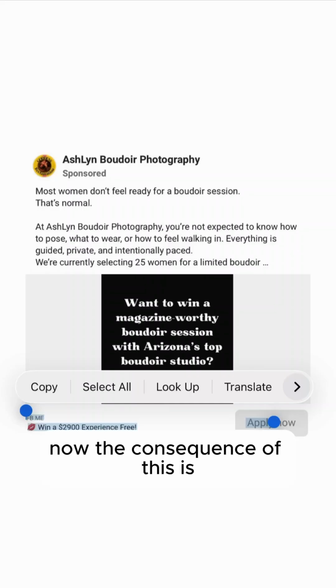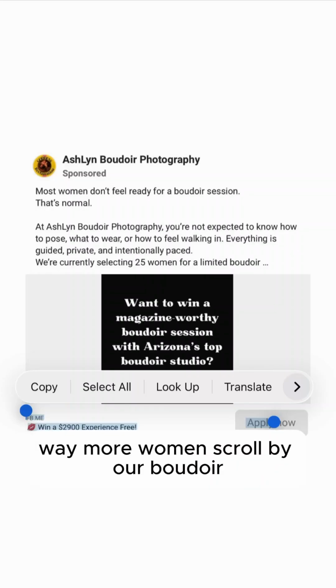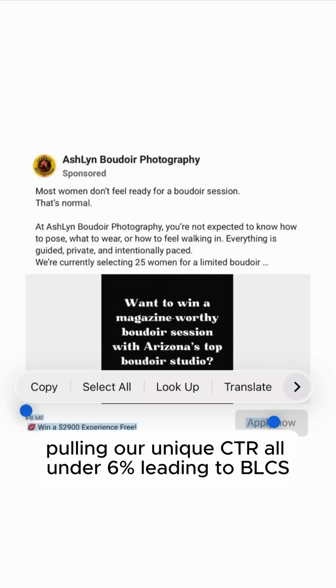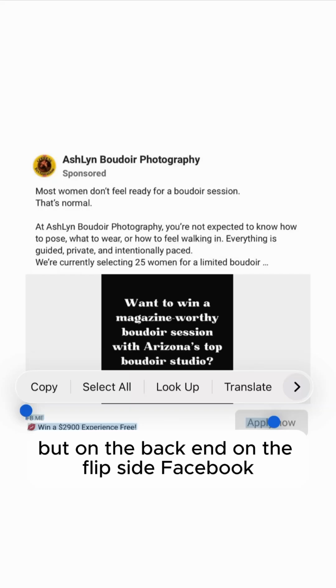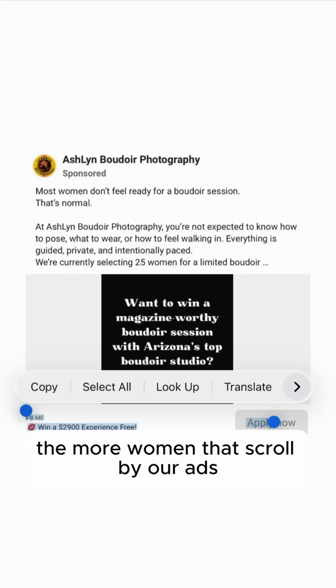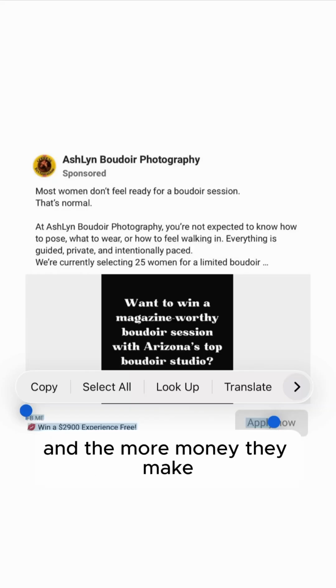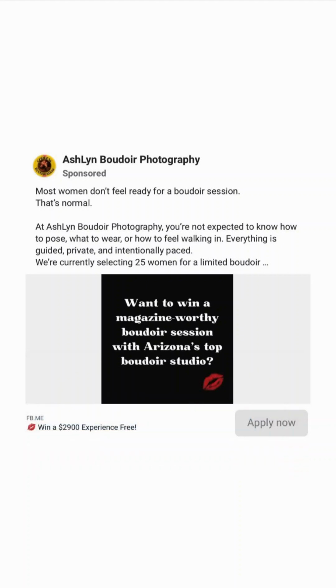The consequence of this is way more women scroll by our Boudoir Facebook ads than necessary, pulling our unique CTR under 6%, leading to BLCS, Boudoir low click syndrome. But on the flip side, Facebook, the more women that scroll by our ads without interacting, the more ads they can serve per unit time and the more money they make. So we never want to follow anything Facebook recommends us to do, because they're recommending it because it's best for Facebook.